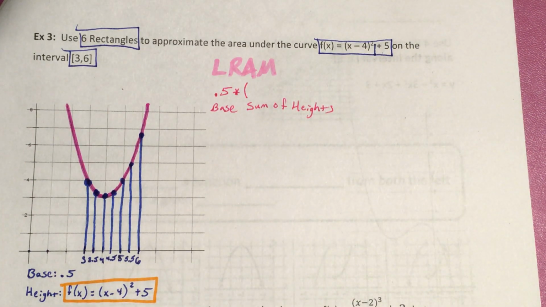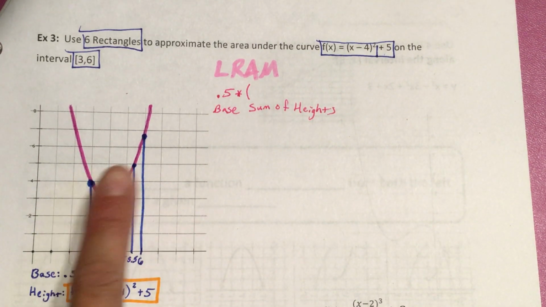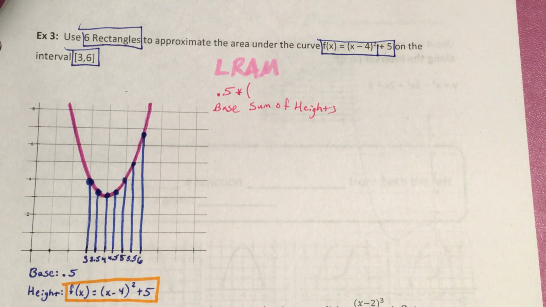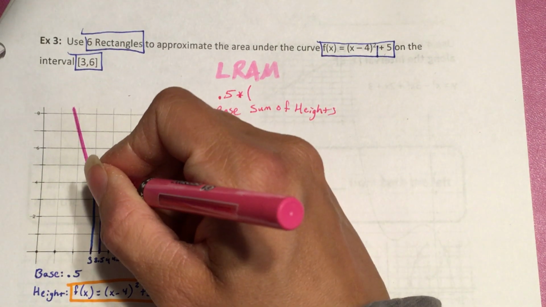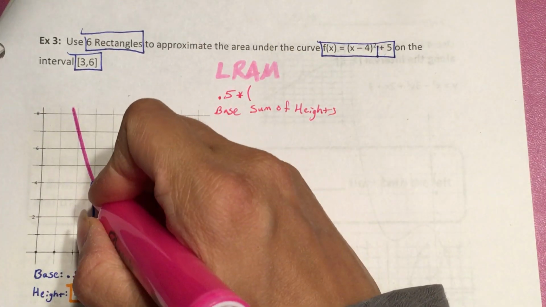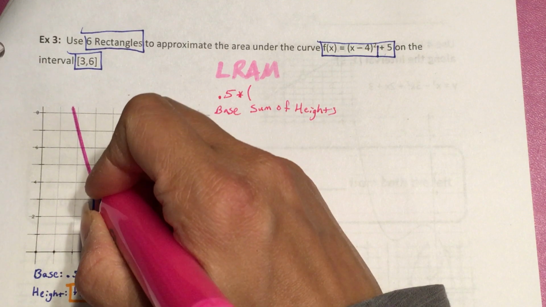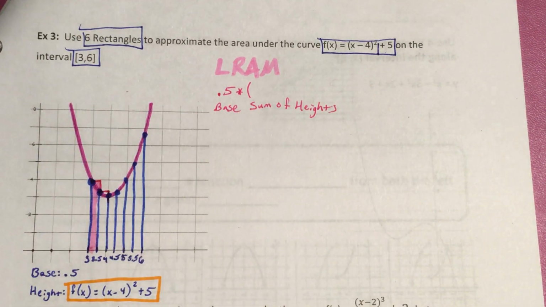Alrighty. Remember, that's how we start our graph, whether we are finding LRAM or RRAM. Now to find LRAM, we're going to start at the leftmost point and start drawing our heights. So let's start at this leftmost point, draw our height, and then color down. Next point, draw our height, color down.